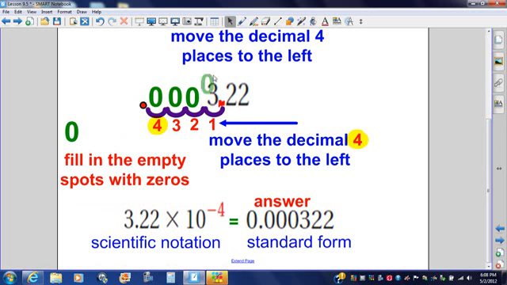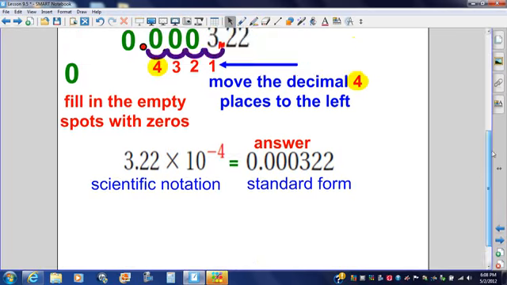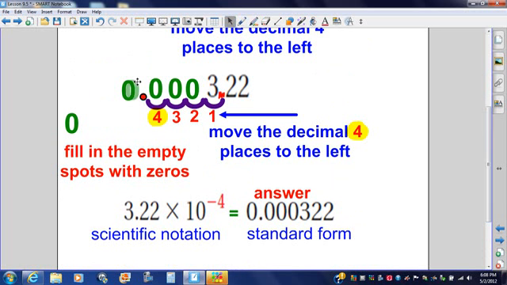I cannot put a 0 here because a 3 takes its place. Now what I can do is put a 0 right here for the ones place for a placeholder. So my answer in standard form would be 0.000322. Remember, this 0 right here at the front is just the placeholder in front of the decimal.